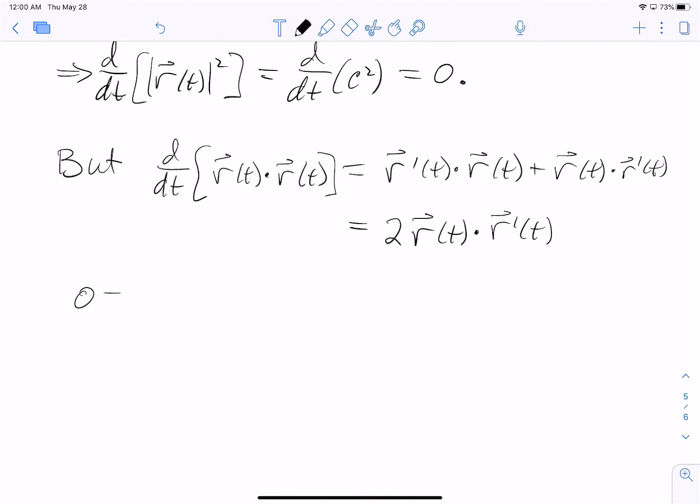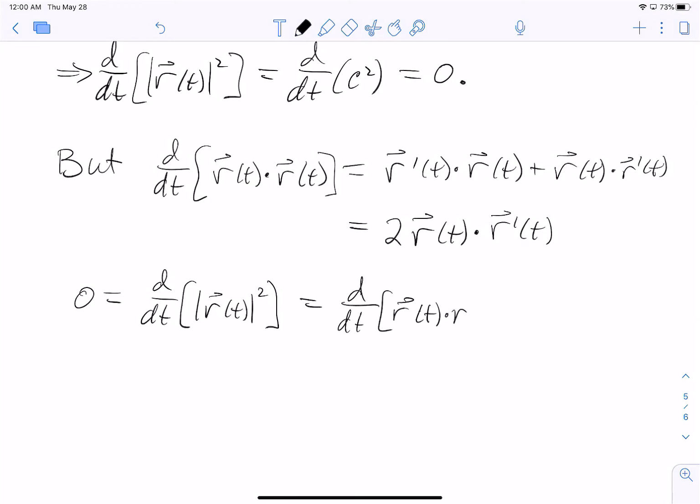Equating the first result, that is that 0 is the derivative with respect to t of the magnitude of r of t squared, with the second result, which is the derivative with respect to t of r of t dot r of t equal to 2 r of t dot r prime of t, it follows that 0 is equal to twice the dot product.